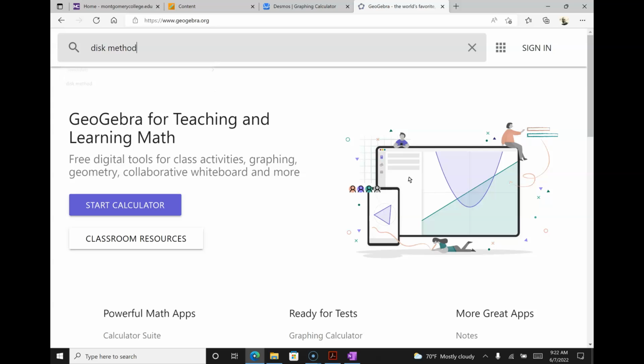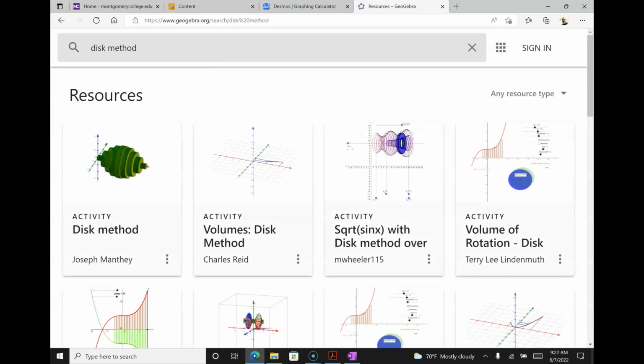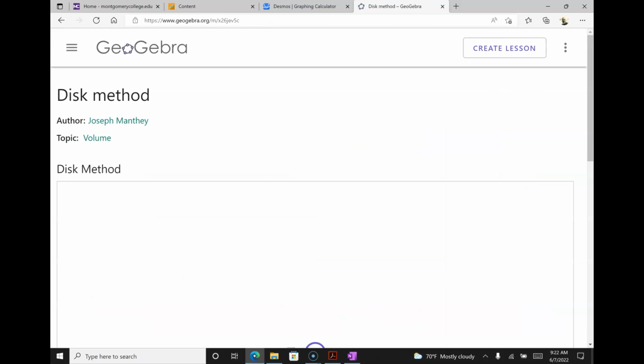And I'm just going right up for disk method. Let me see if I can. I think I was doing this yesterday.